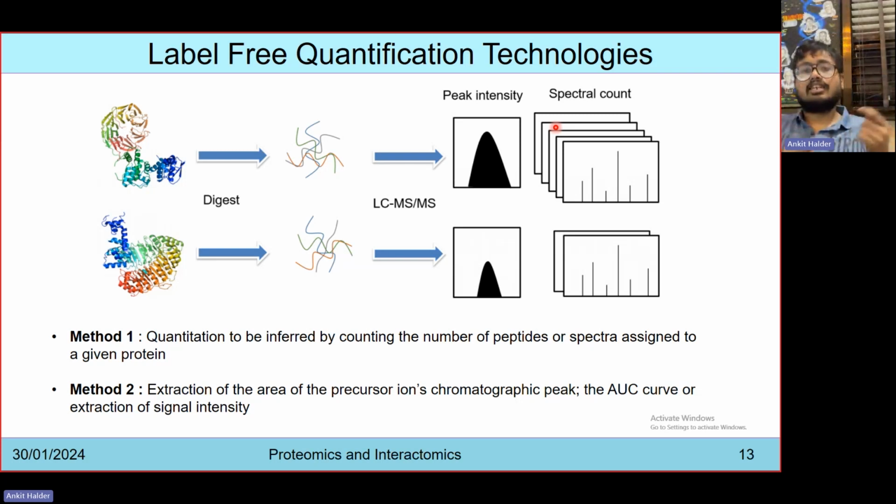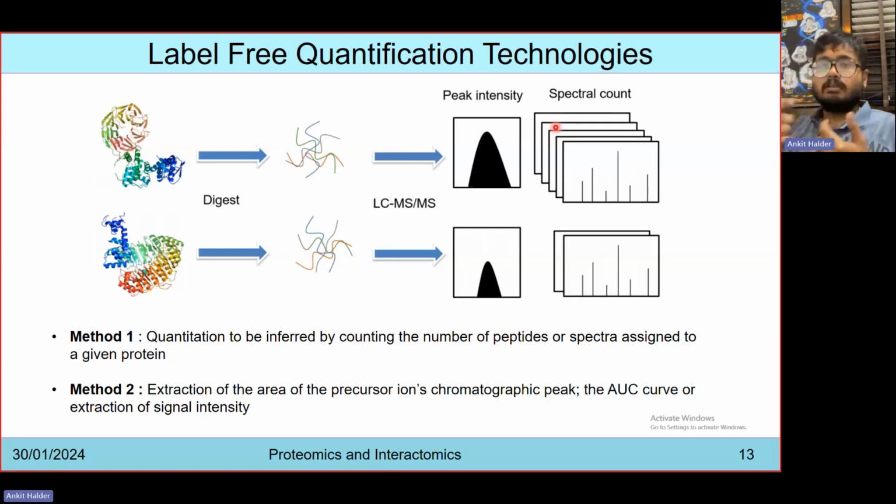If you have peptide X in both sample 1 and sample 2, then if all your experiment and parameters remain the same and are correct, peptide X is expected to get eluted at the same time after your complete chromatographic separation.